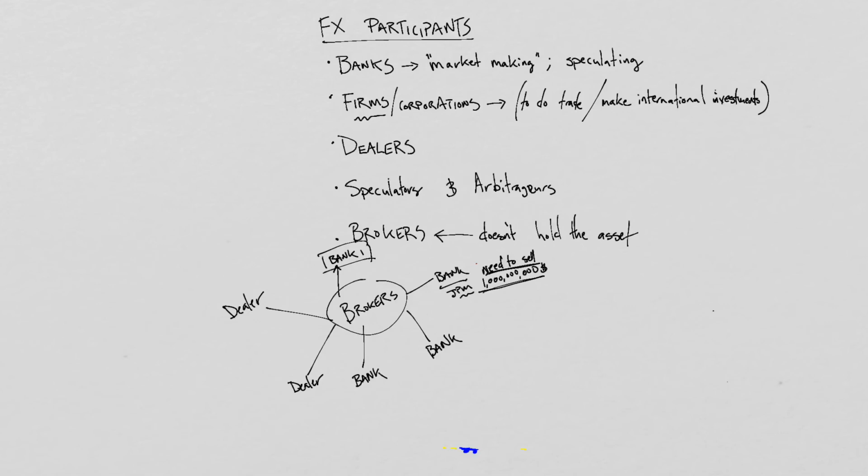They're going to smell that JP Morgan needs to offload a ton of dollars, and so the banks are going to take advantage of that by, in effect, paying fewer yen than they need to, because they know that JP Morgan is kind of desperate.